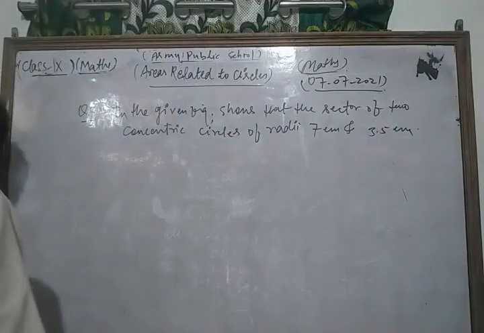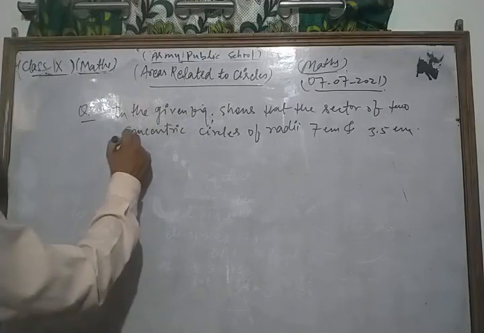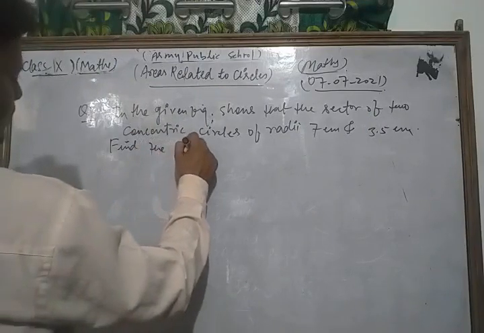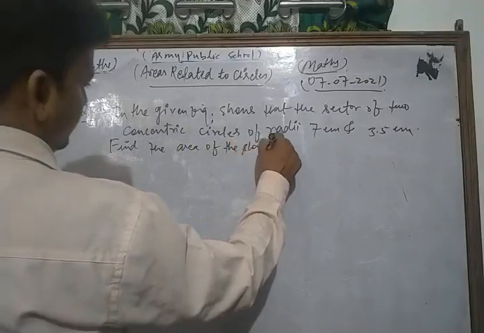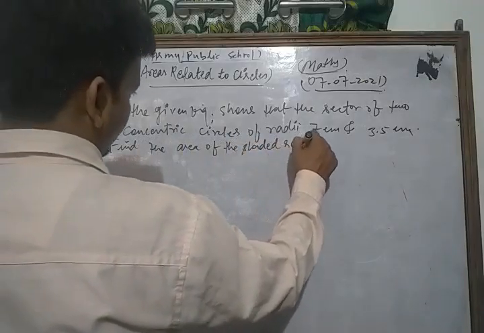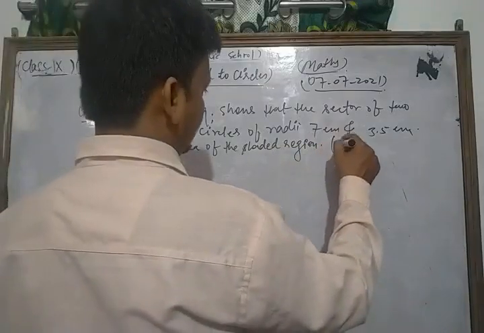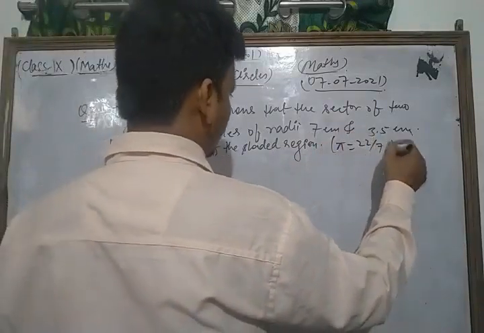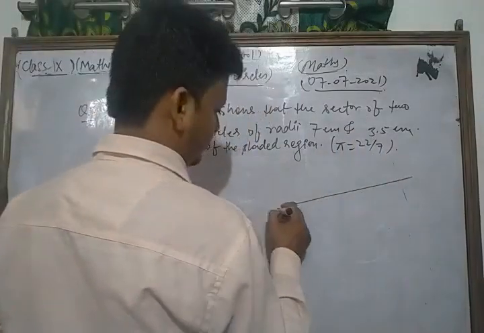Find the area of the shaded region, and we take the value of pi as 22/7.